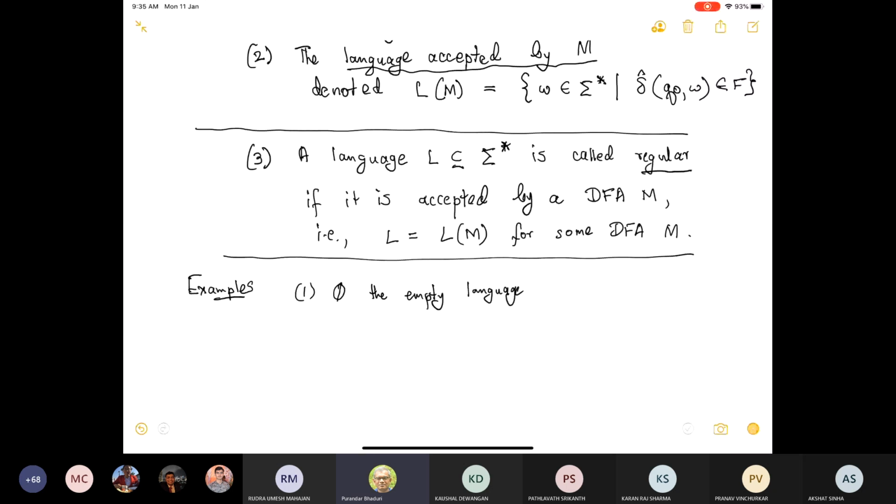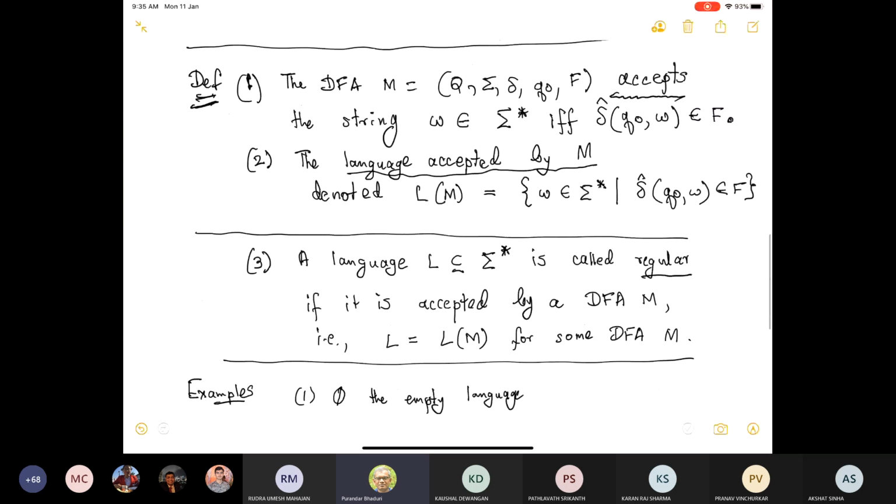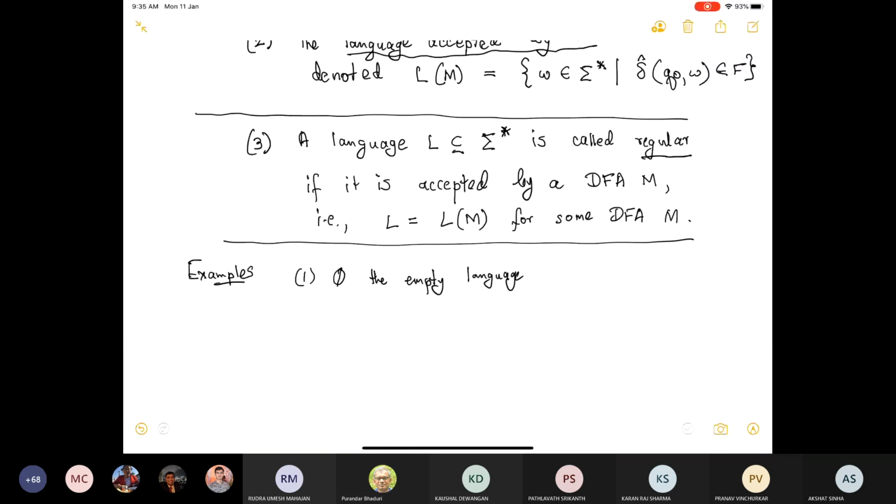And let us fix the alphabet to be the binary alphabet for these examples. So the empty language is regular.